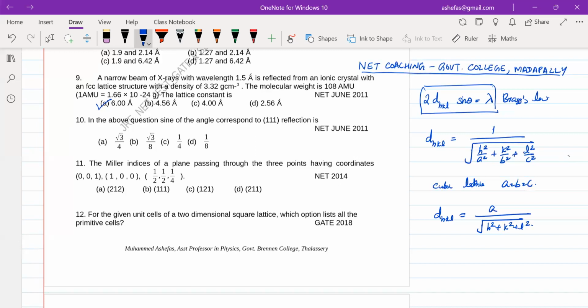Now, here we have already calculated the lattice parameter. The a is found to be 6 angstrom and hkl is given as 111. If you see this kind of notation, that shows the Miller indices. This normal bracket represents the Miller indices of a plane.